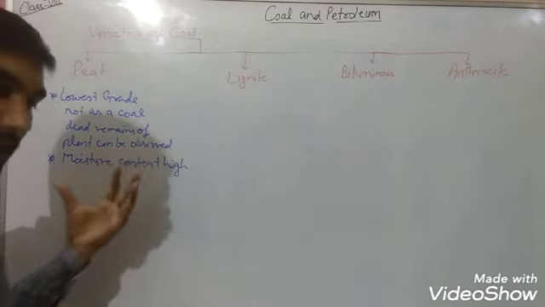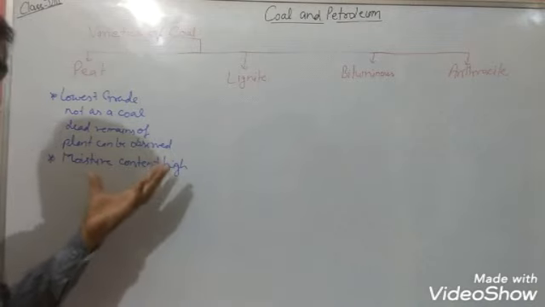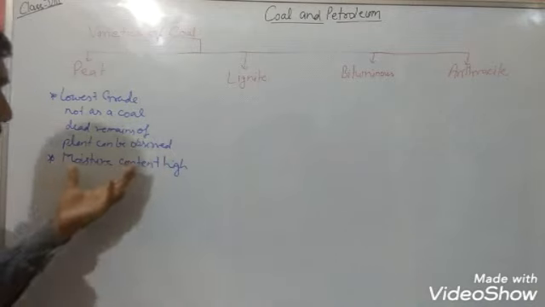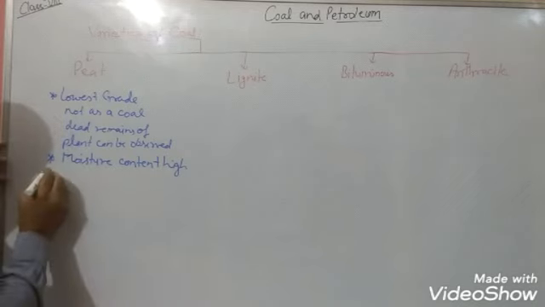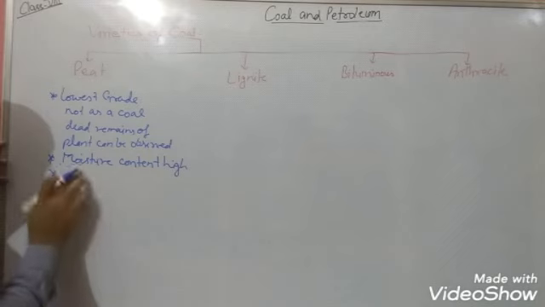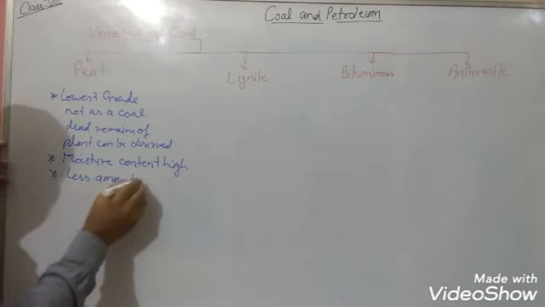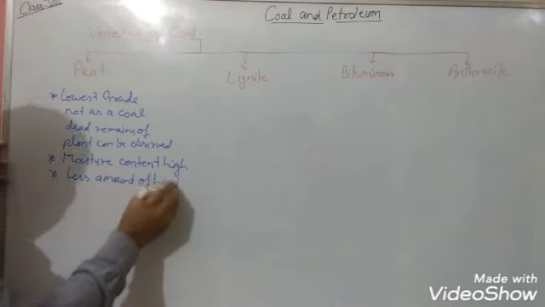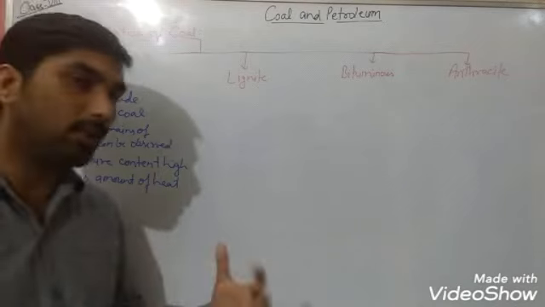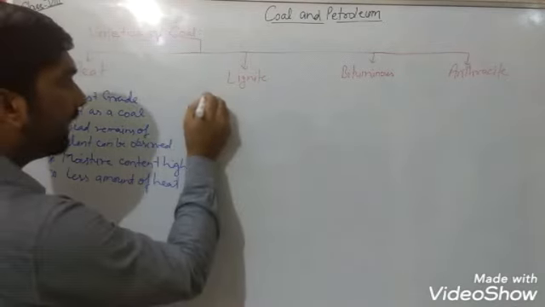Means they are in the initial stage, so the water will be present there, and if the water will be present, it means what? They will release less amount of heat after combustion process.